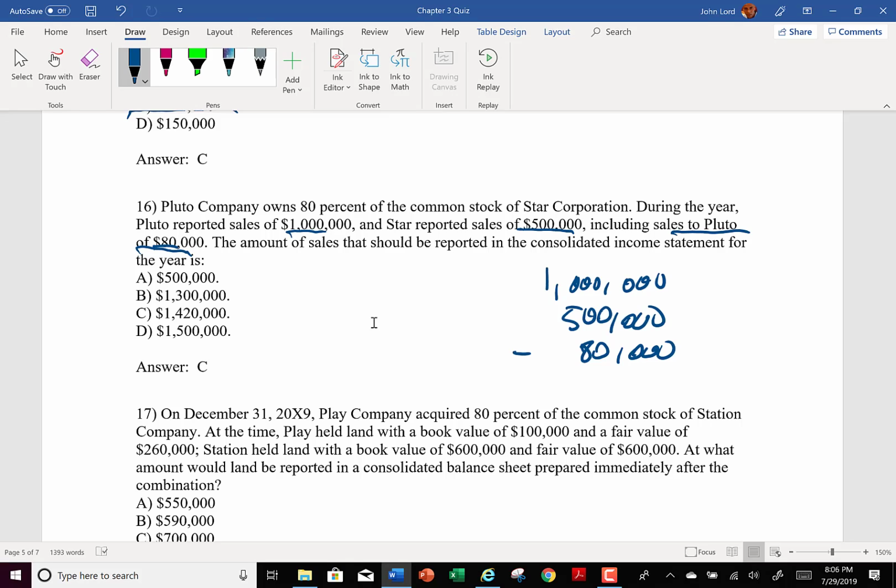So when I'm reporting my net income, I'm going to report my sales, it's just sales to those outside, right? Then once I get the net income number, I will also subtract the non-controlling interest part, right? Okay, but this number is going to be what? 1,420,000.